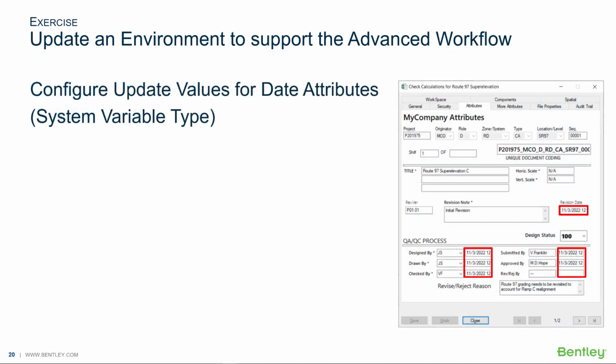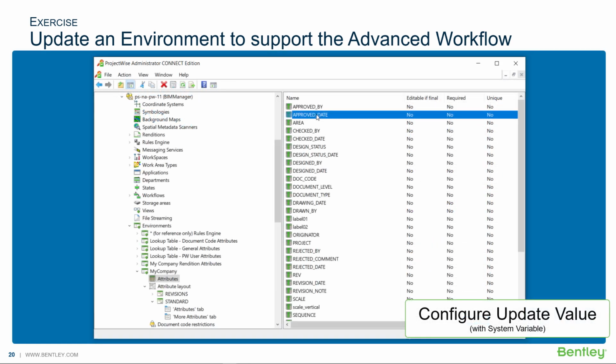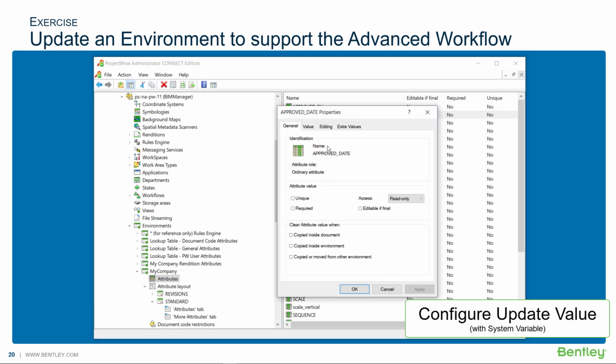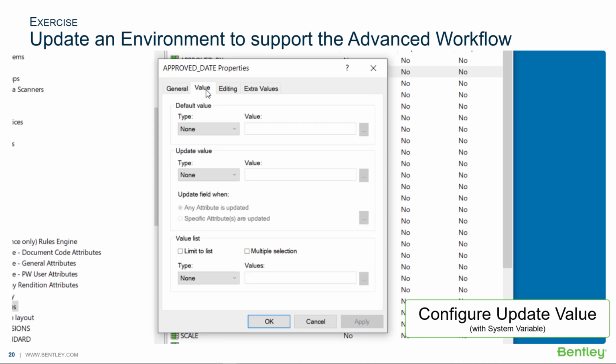The 7 date attributes will be updated using the date system variable when triggered by a value change of the related attributes. Let's start with the approved date attribute. In ProjectWise Administrator, open the properties for the approved date attribute. On the Value tab in the Update Value List section, change the type to System Variable. In the System Variable field, type $date$.